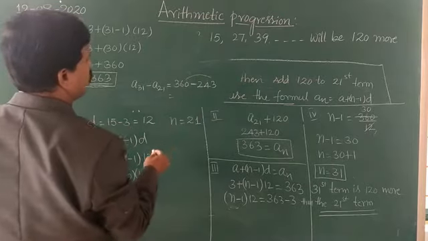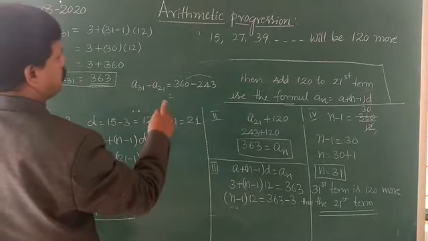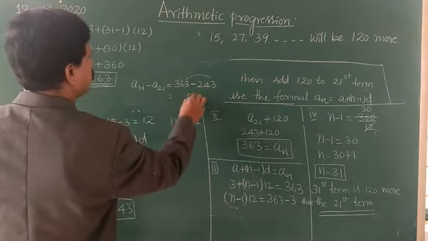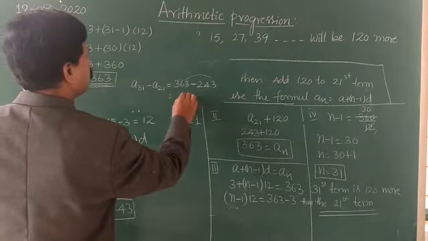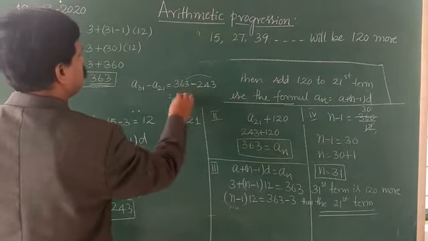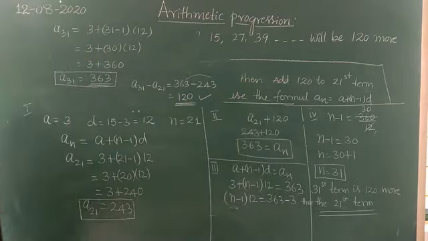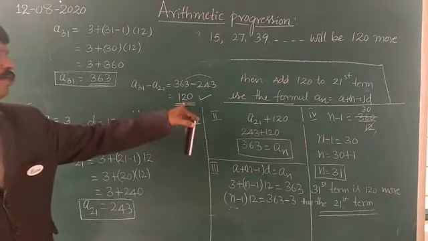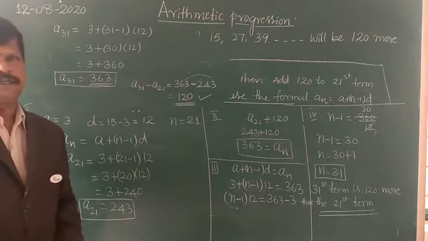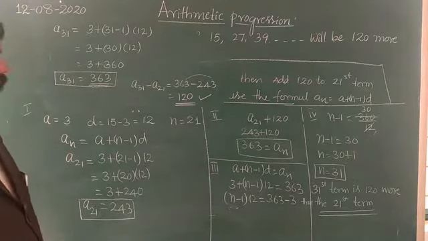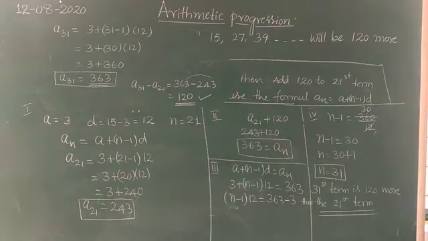Now 0 minus 3. Is it right? 3 minus 3 is 0, 6 minus 4 is 2, 3 minus 2 is 1. So the answer is 120. The 31st term is 120 more than the 21st term. So our answer is correct. Clear? So this is how to find the 120 more that is given in that problem. Right?